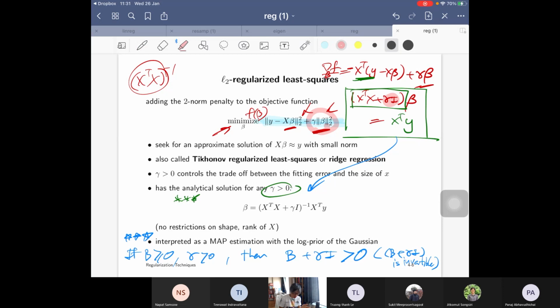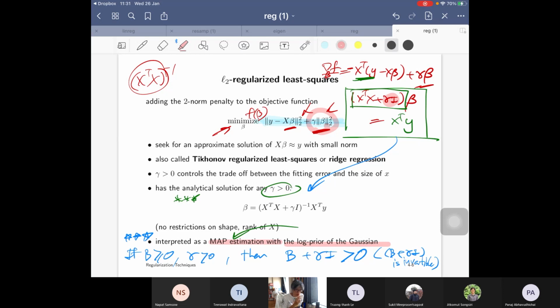this ridge solution can be interpreted as a maximum a posteriori estimation with the log prior of the Gaussian. I have a short video on this type of estimation. You can watch it as well. The meaning about MAP estimation is that in MAP we also assume the variable of the estimator is random.